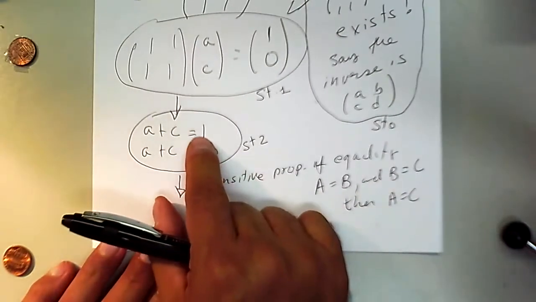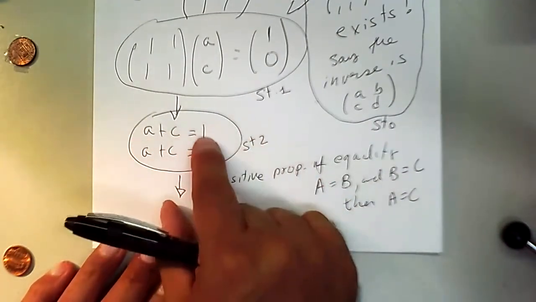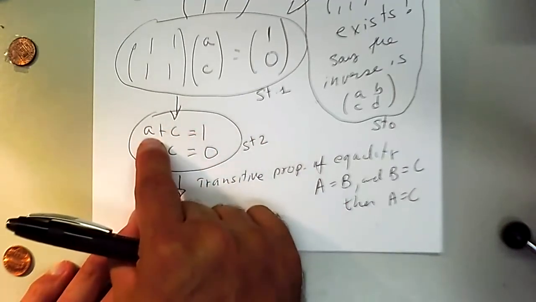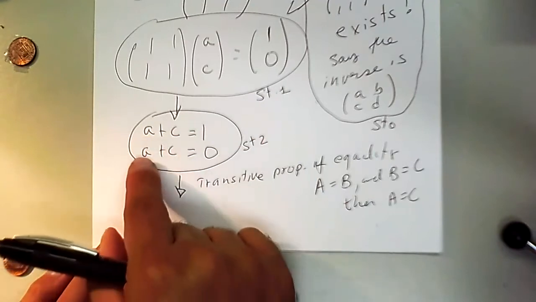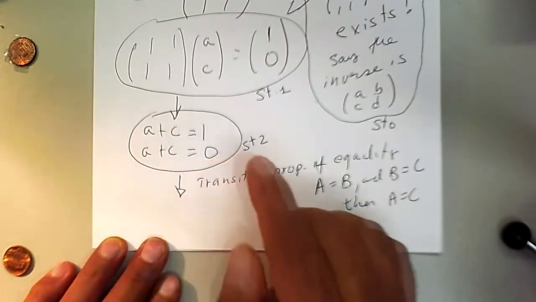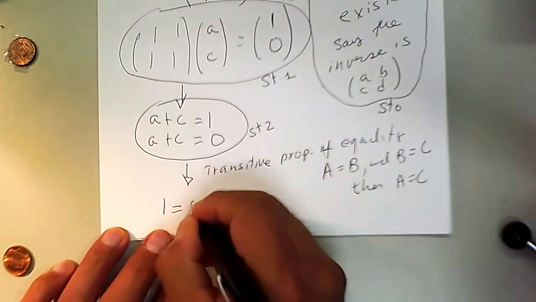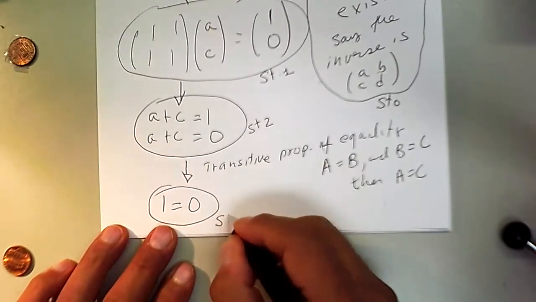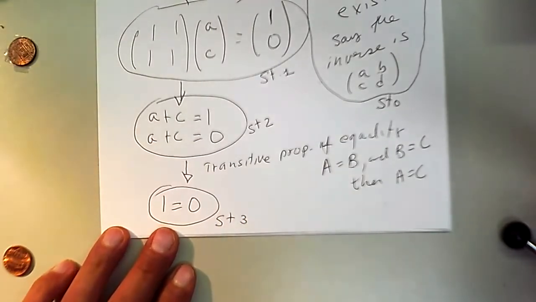So we can read this backwards because there is the symmetry of equations too. So if 1 is equal to A plus C, and on the other hand, we're saying that A plus C is equal to 0, by the transitive property, we're saying that 1 is equal to 0. So we can label this as statement 3.